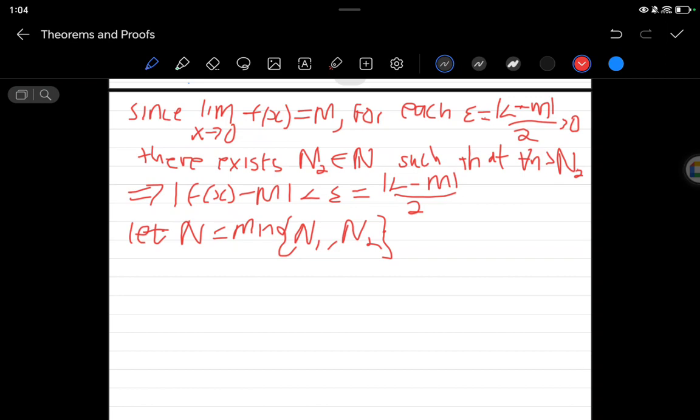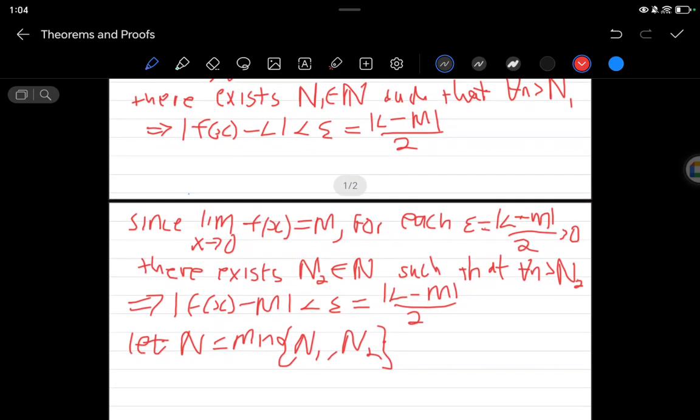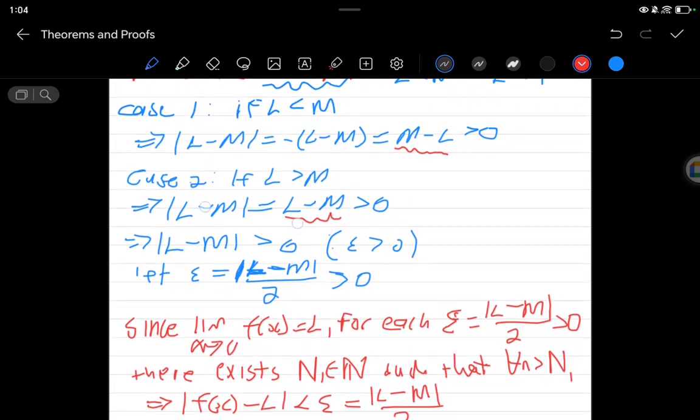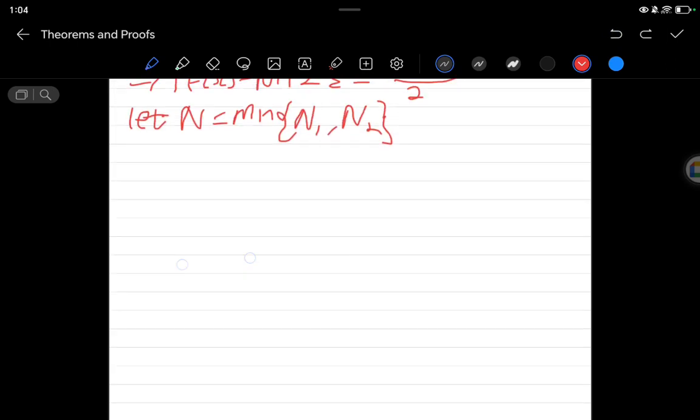So since we have arrived at this case, we must now check this contradiction. We must now check L minus M. What will it be equal to? Then we're going to have the absolute value of L minus M, which is equal to L minus f of x, and we also add f of x, we also subtract it.